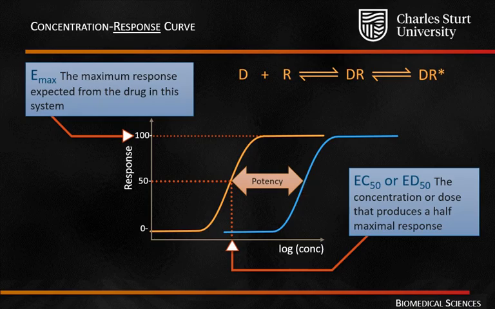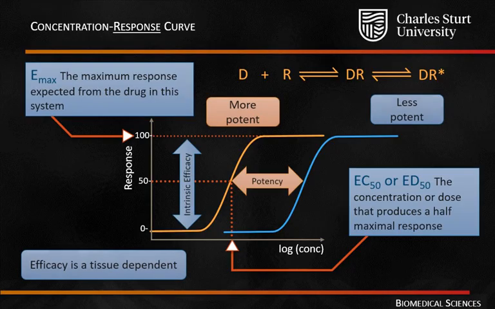So if we have a look at this one, the system is responding to the drug at lower concentrations. So therefore, I need less drug to get the response. Whereas for this blue curve, which is less potent, I need more drug to get the maximum response. So this drug is more potent, and this drug is less potent.